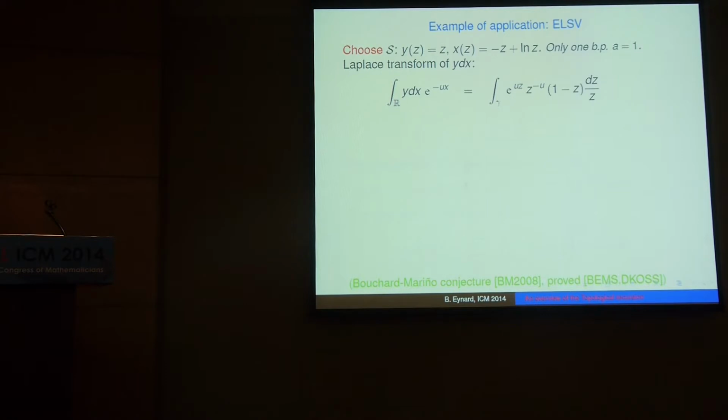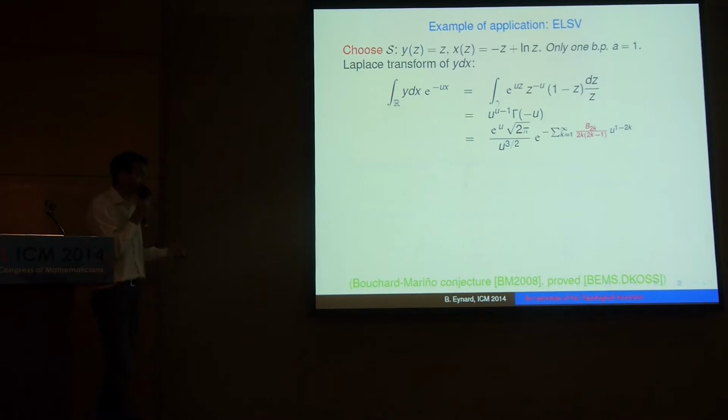The Laplace transform, again, is extremely easy to compute, and it's the gamma function. It's the gamma function of minus u. And again, if you expand it at large u, you have the Stirling approximation of the gamma function, which involves the Bernoulli numbers. So B_k is the kth Bernoulli number. And so the coefficient, here is the t hat k. T hat k is B_k over k(k minus 1).